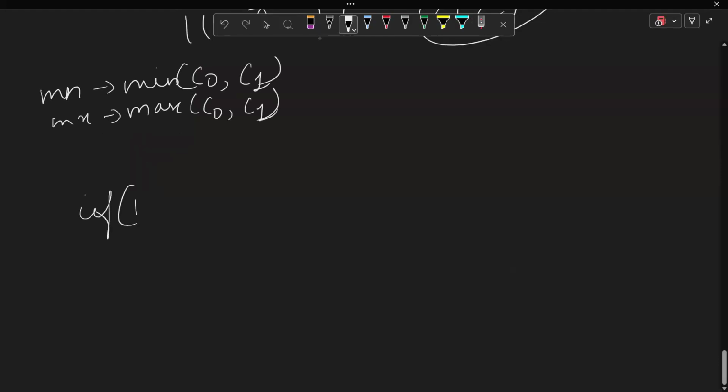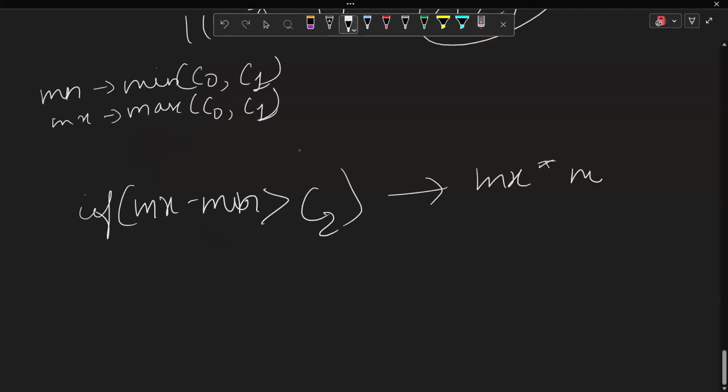I would say if this maximum minus minimum, this much value you would add to your minimum at least. If this is greater than the number of question marks, then you would add all the values to the minimum. So your answer would be Mx into Mn plus C2. Okay. Or else what you would do, you can make both of them equal.